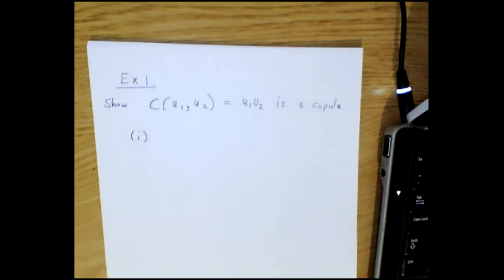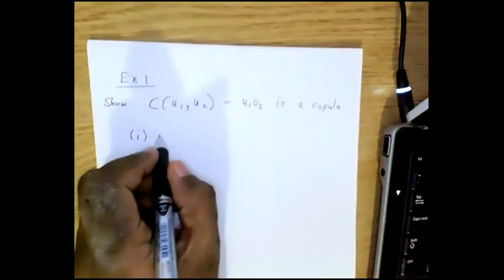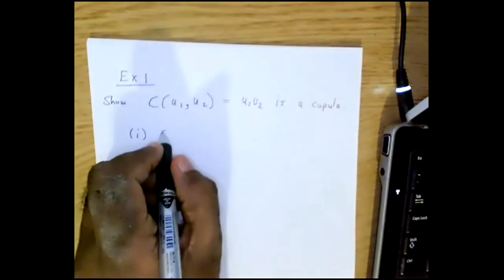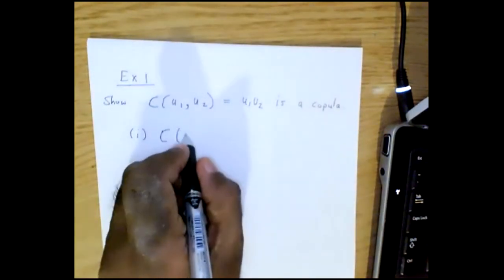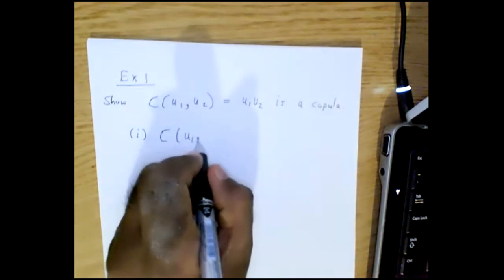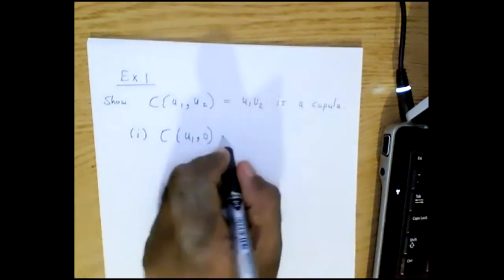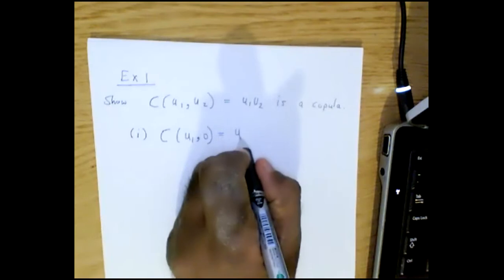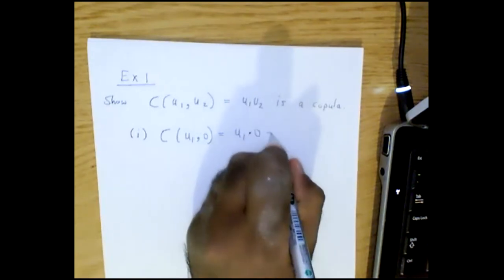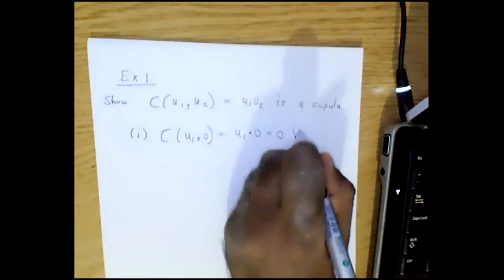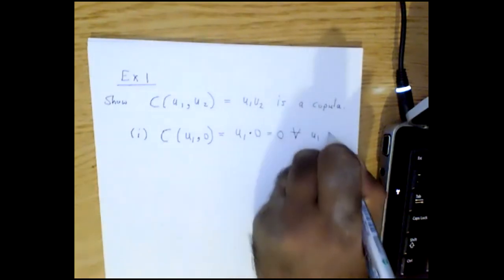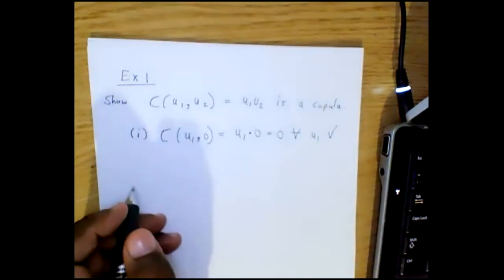The first thing you need to show is that C, which is U1 times 0, is equal to 0 for all U1. So this condition is satisfied.